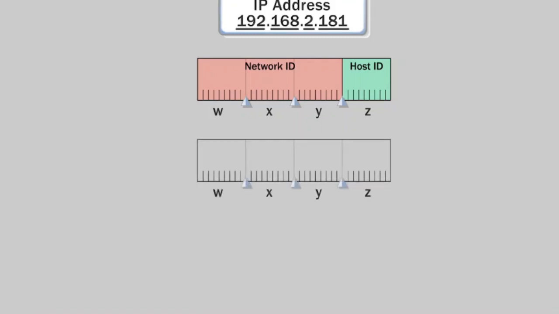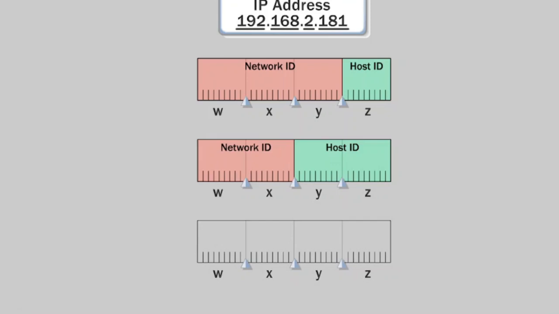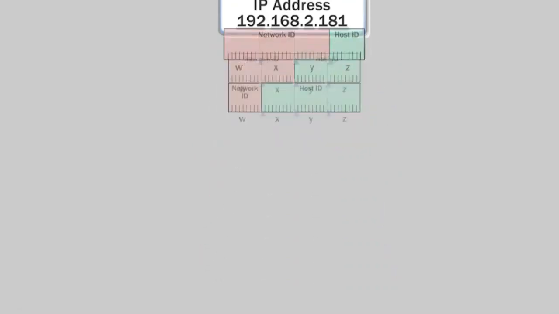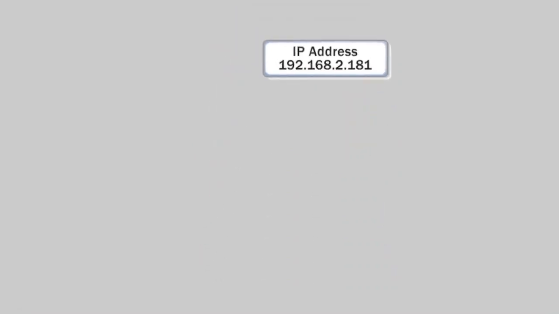A medium-sized network requires more numbers to represent all of its clients, so the Y and Z octets can be grouped together to represent the host, and the W and X octets can represent the network. On a very large network with millions of clients, the X, Y, and Z octets can represent the host, and the W octet can represent the network. Together, the network ID and the host ID make up the IP address.